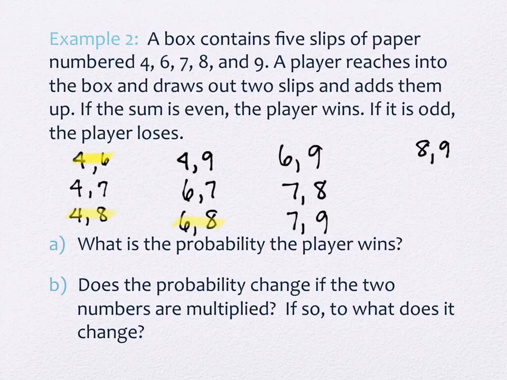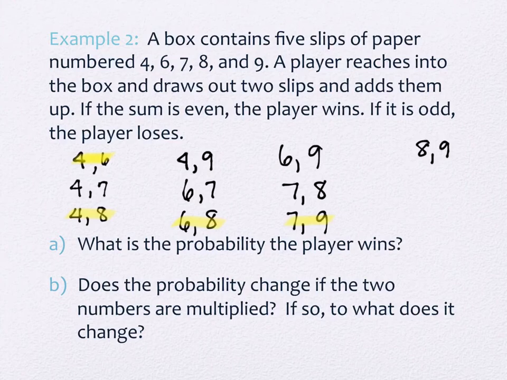No. 7 and 9. Oh, I was supposed to be looking for odds, wasn't I? It's okay. I've highlighted evens. We'll keep going with it. 7 and 9, is that even? Yes. And 8 and 9. No. So the yellow ones that I highlighted are actually losers, right? No, I did it right. I'm sorry, I read it on the screen wrong. I highlighted the ones that are winners.